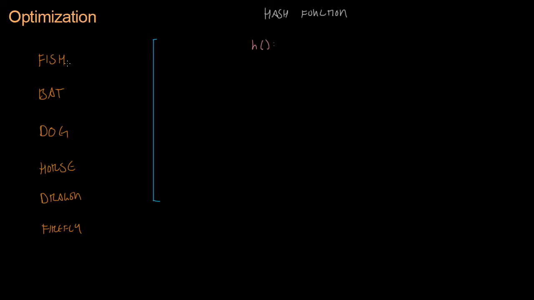And the function will accept a string, that being any of the names of these models. And it will output an index, as random of an index as possible. And the index will be the index to this array right here.